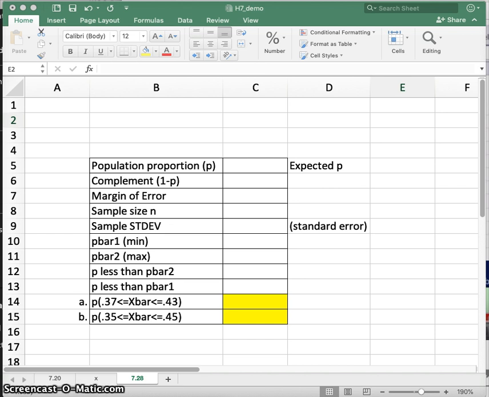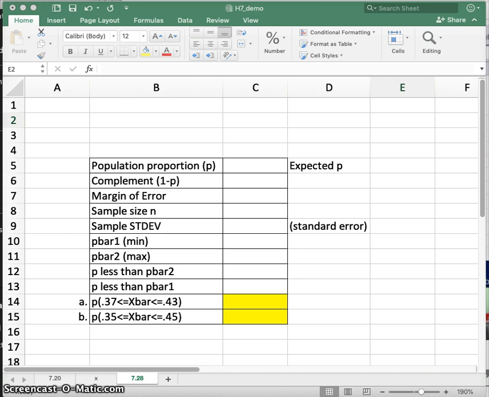Some proportion said yes, they do approve, and that proportion was 43%. So it's the same kind of problem as we did with a mean, but instead of using an average value, we're trying to find a proportion in the sample. It's pretty much the same thing except for the computation of the sample standard deviation.